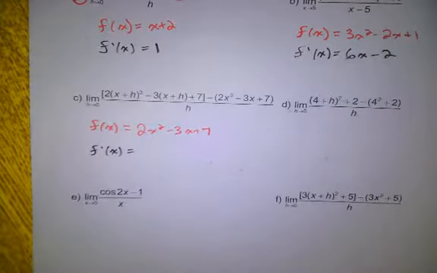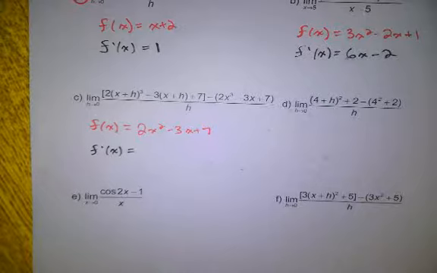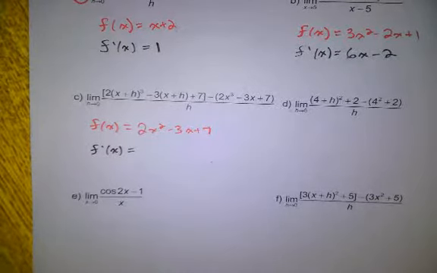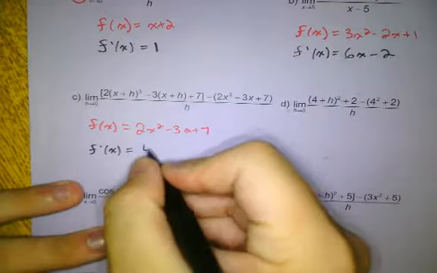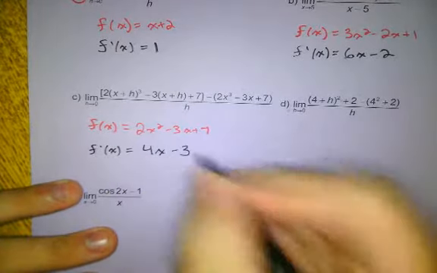All right, what do you think the derivative is? Nope. You're kind of close. Just keep guessing numbers. 4x minus 3.